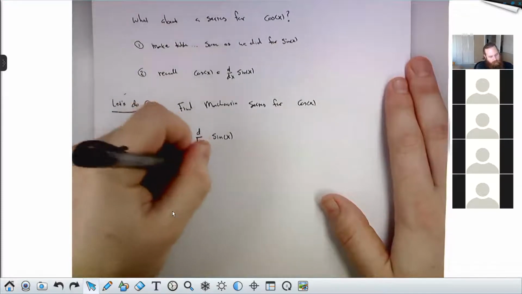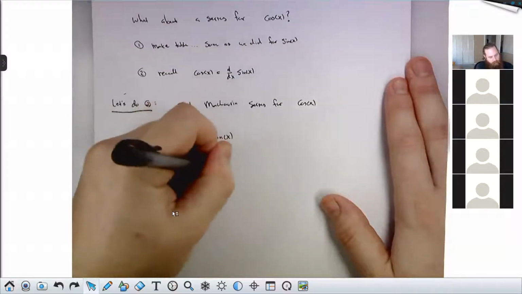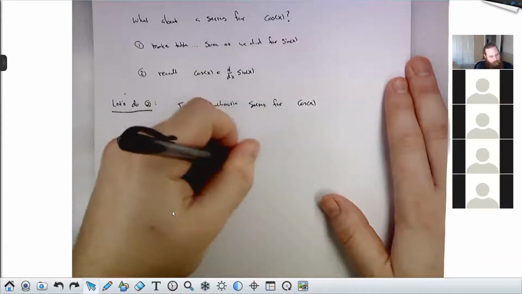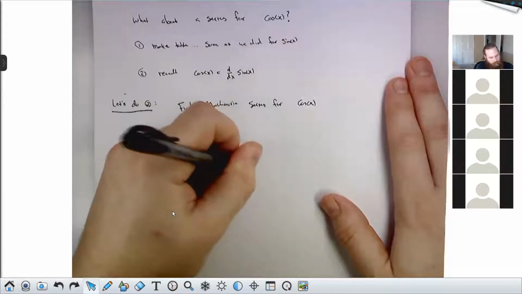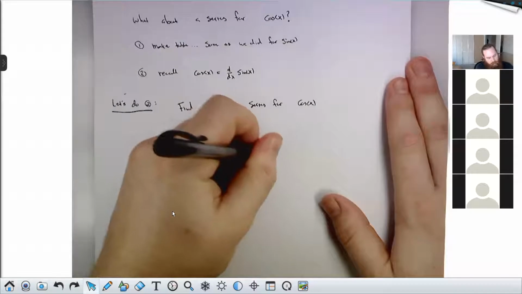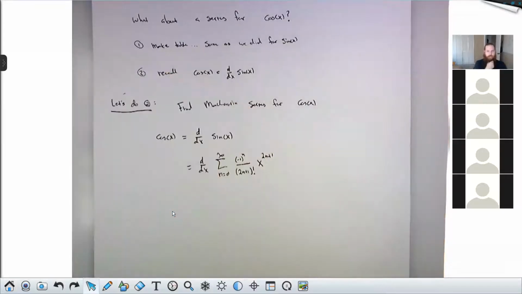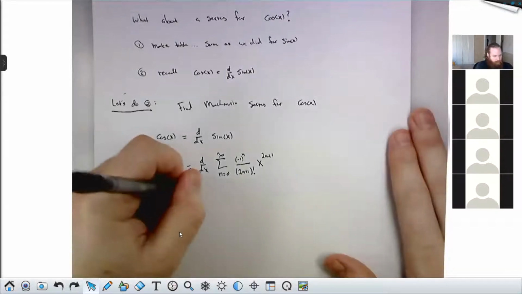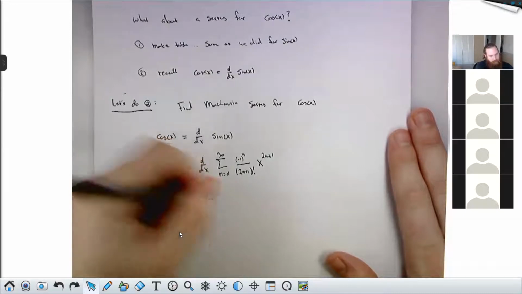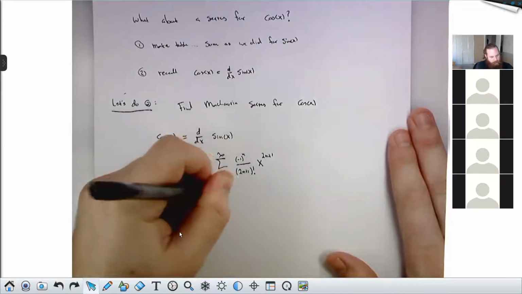And I know that sine x has series sigma n from 0 to infinity, negative 1 to the n over 2n plus 1 factorial times x to the 2n plus 1. So if I differentiate this series, I should get a series for cosine. That means I want to differentiate with respect to x.